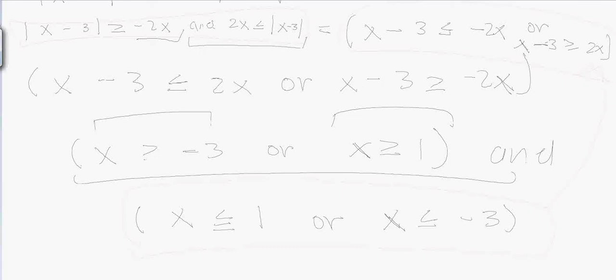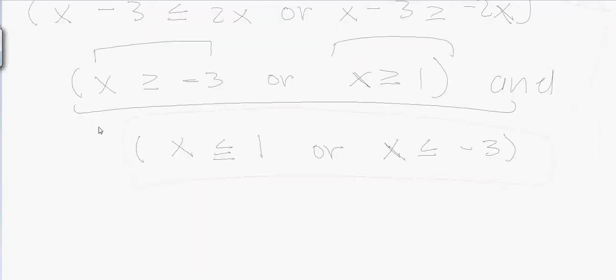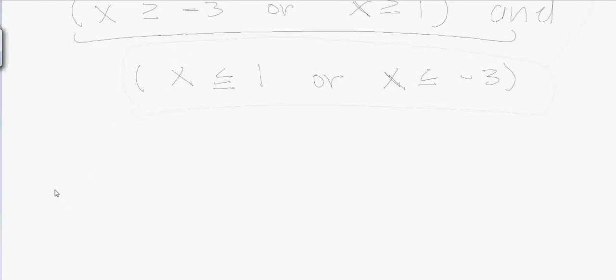Okay, so when we graph the first part, x is greater than or equal to negative 3, how do we draw? This is your number line right here. This is negative 3, this is 0, and this is positive 1.